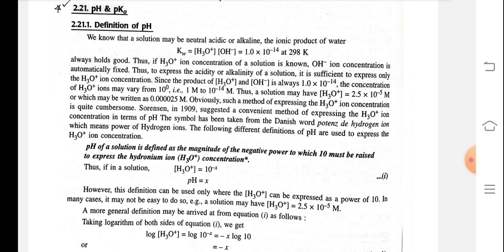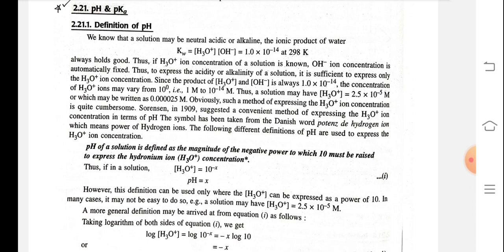ion concentration, since the product of H3O+ and OH- ion is always 1.0 × 10^-14. The concentration of H3O+ ions may vary from 10^0, that is 1 molar, to 10^-14 molar.